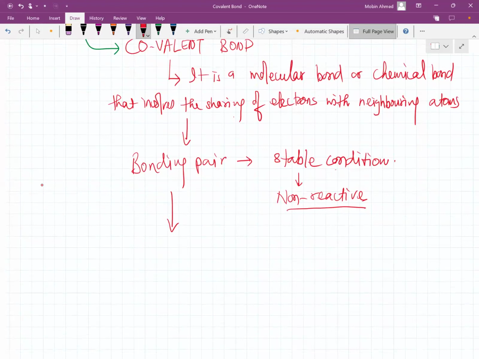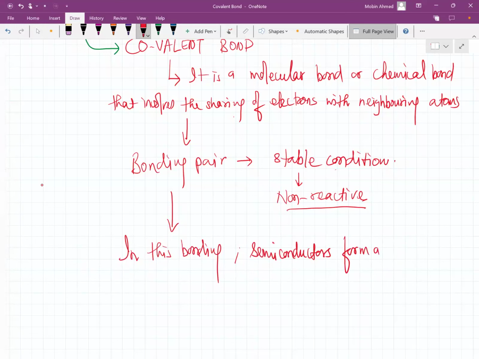Then in this bonding, semiconductors form a crystalline lattice structure.